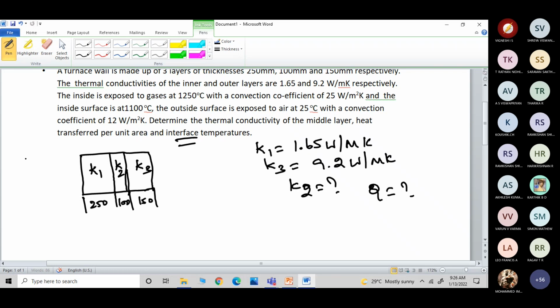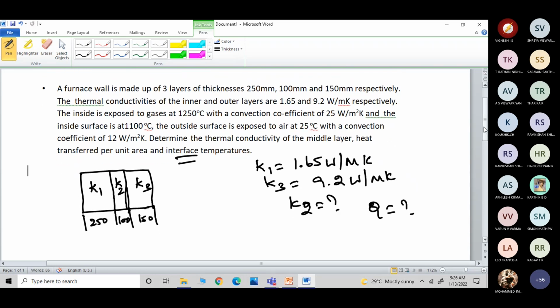Okay, now we have two things. Assume that the inside gas temperature is 1250. T suffix A is the inside gas at 1250 degrees C, and HA, the convective heat transfer coefficient, how much is it? 25.